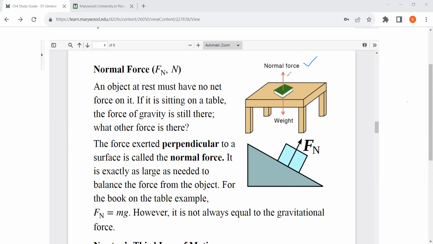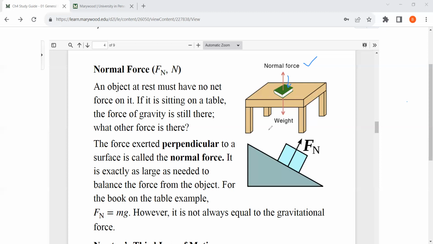Let's say there is another force acting here, let's say you push or apply a force on this textbook. If some other external force is applied on this object, then the normal force and weight are not equal. So the normal force and weight are equal and opposite to each other when there is no other force other than the normal force and the weight. If there is another force acting on this object, then it will be different.